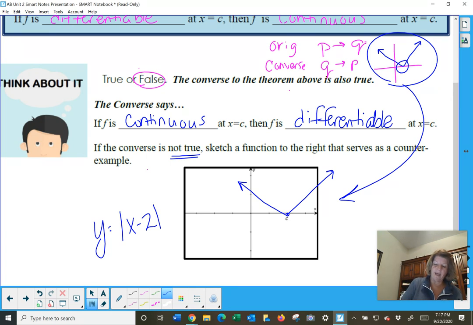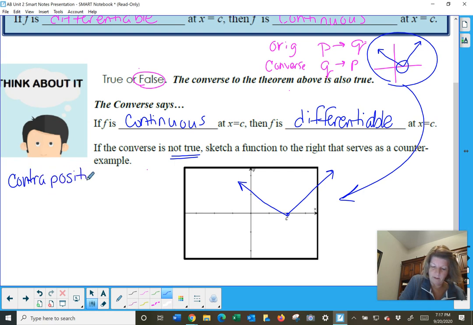The contrapositive in geometry is where it says if not Q, then not P. And as long as you negate both sides, then it's going to be true.